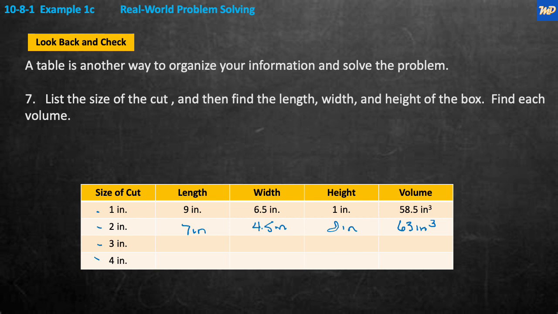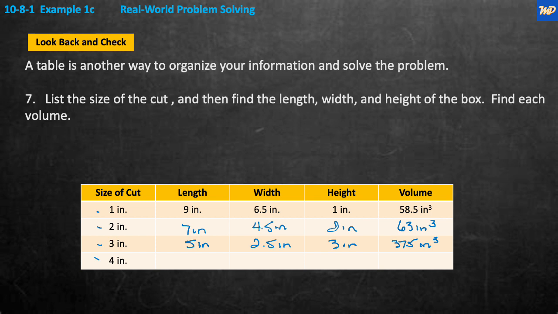Okay, so if we do 2 inch corners, we're going to have 7 inches, and then 4.5 inches, and then 2 inches tall. And then the volume here, if you multiply it out, is going to be 63 inches cubed. And then for 3 inch corners we're going to have 5 inches, 2.5 inches, and 3 inches, and the volume is 37.5 inches cubed.